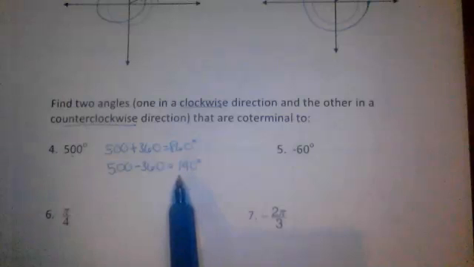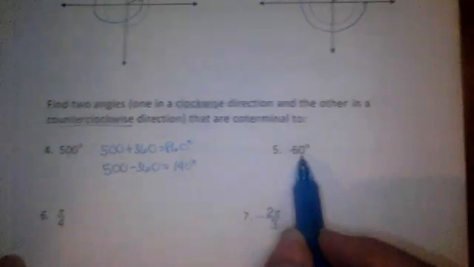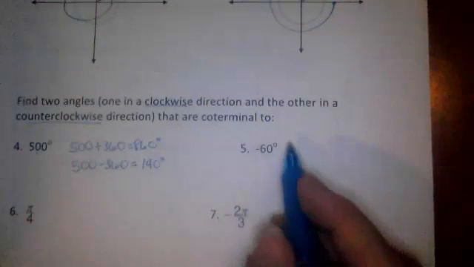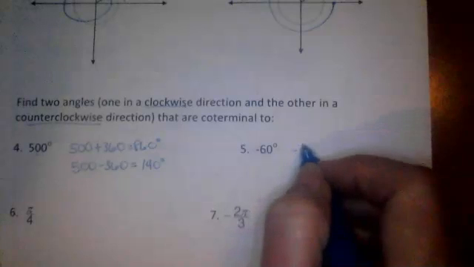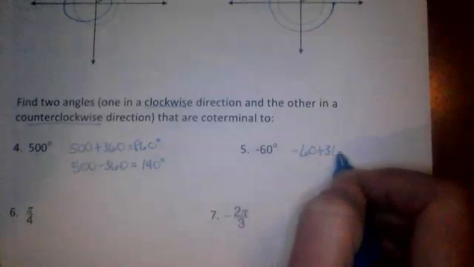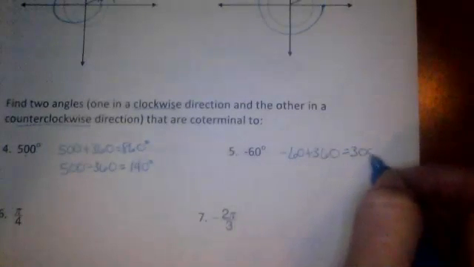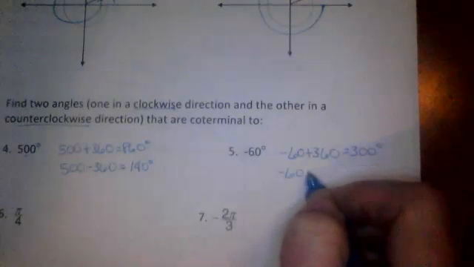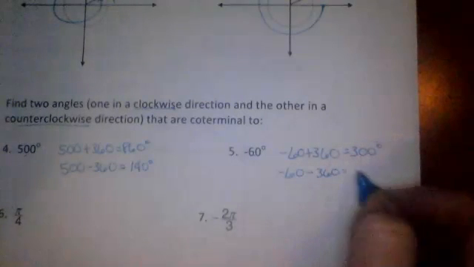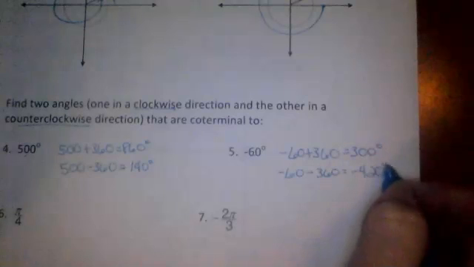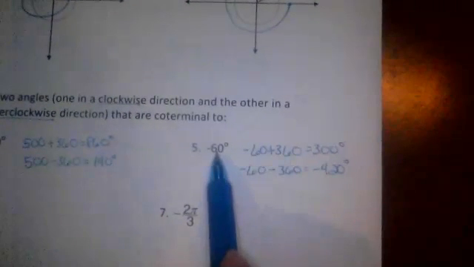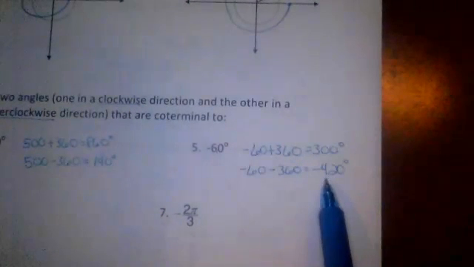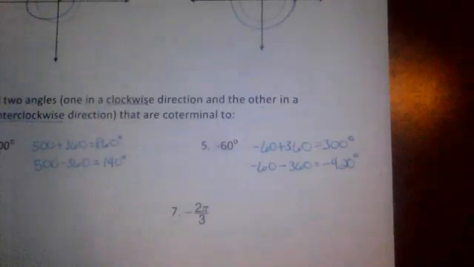All right, let's do this other one that is in degrees. So we're going to add a full rotation, so negative 60 plus 360, 300 degrees, negative 60 minus 360, negative 420 degrees. Negative 60, 300, and negative 420 all end in the same place.